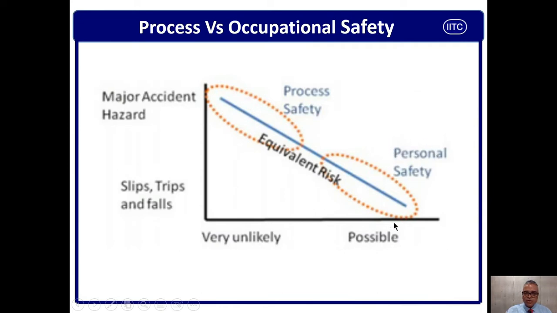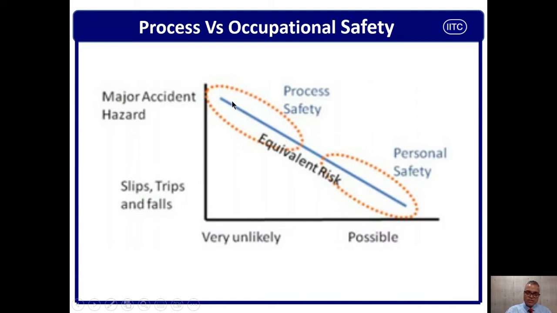If you go down below, it shows a high probability, high in numbers, with slip, trip injuries and this kind of injuries. So this graph shows that for personal or occupational safety the possibility is very high, whereas the severity is low compared to process safety.